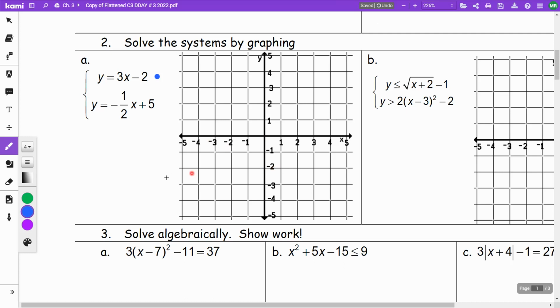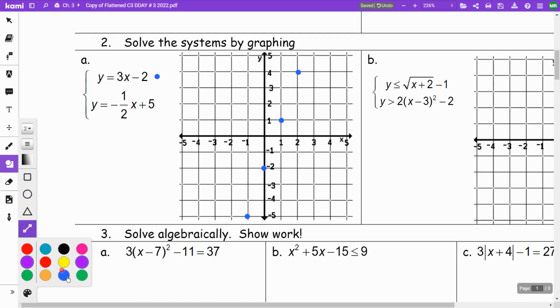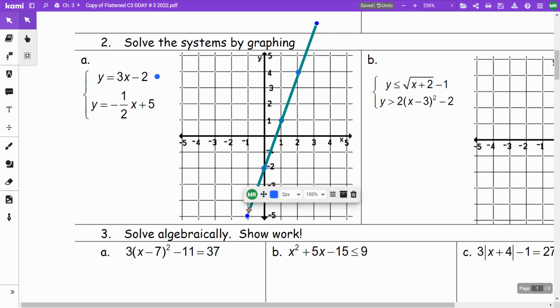Okay, and then I am going to go up 1, 2, 3 over 1, 1, 2, 3 over 1, down 1, 2, 3 over 1, get my line tool, draw my line. Okay, and that is my line.